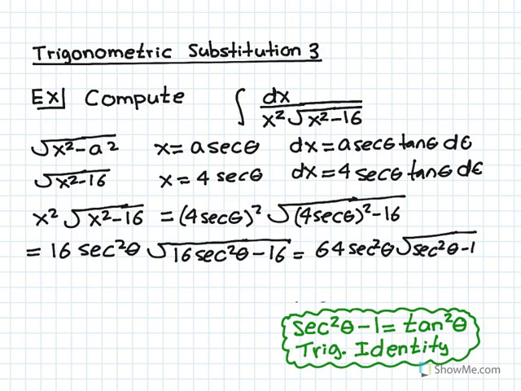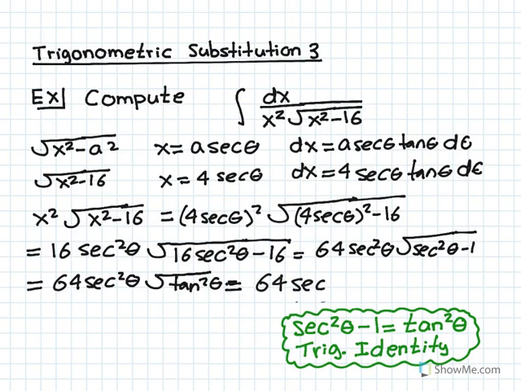minus 1. But root of sec squared theta minus 1 is just going to be root of tan squared theta, because of the trig identity, tan squared theta is equal to sec squared theta minus 1. So we get 64 sec squared theta root of tan squared theta.